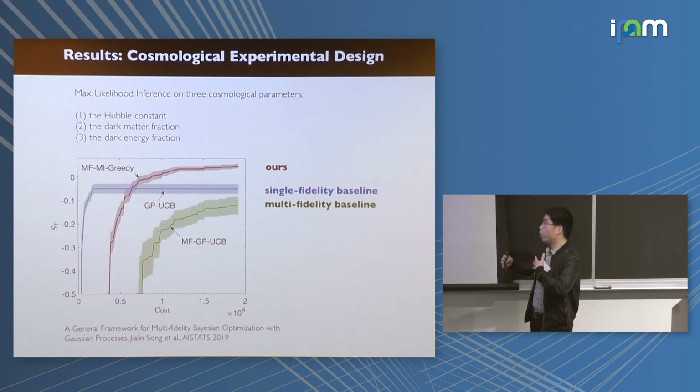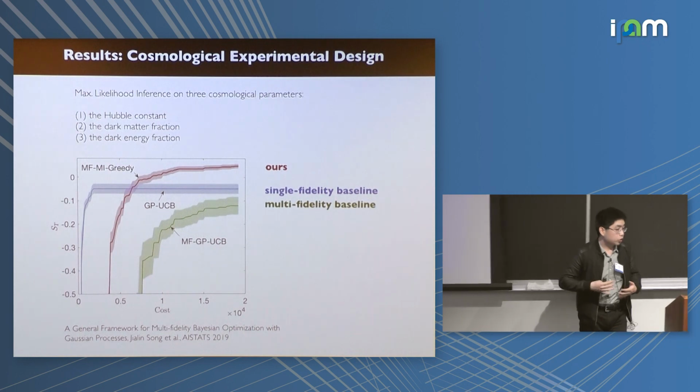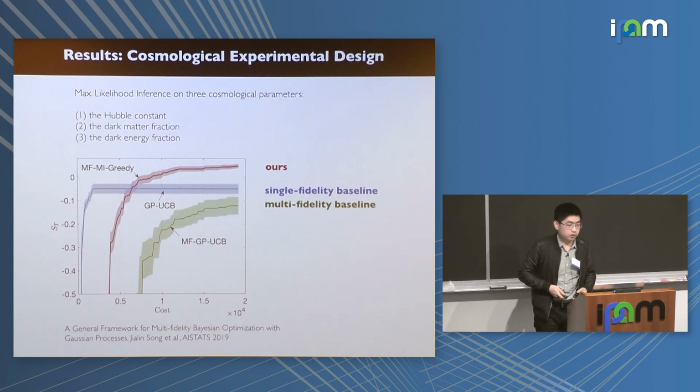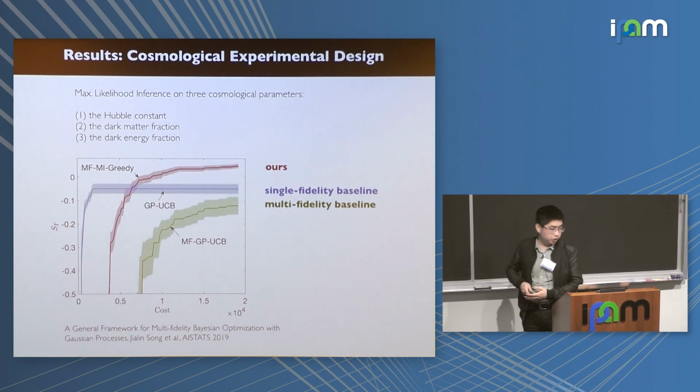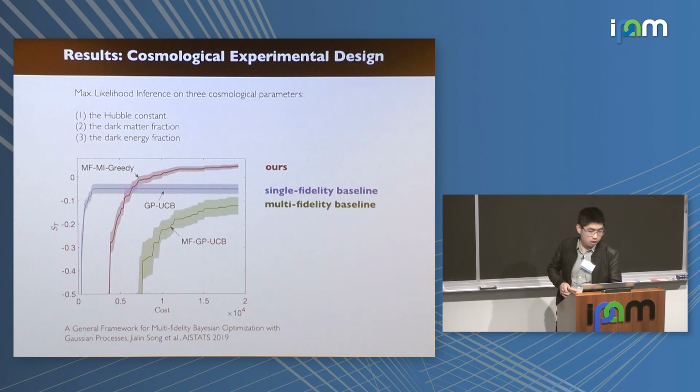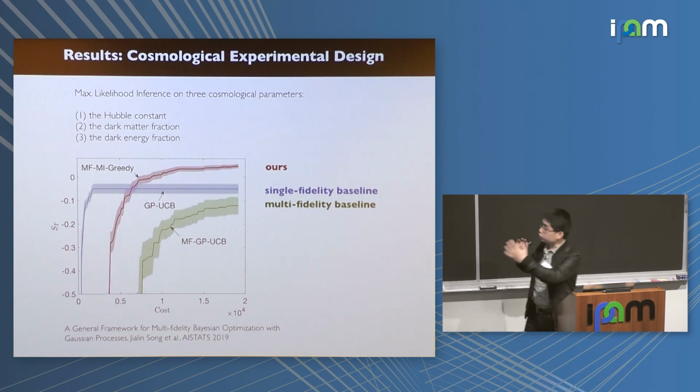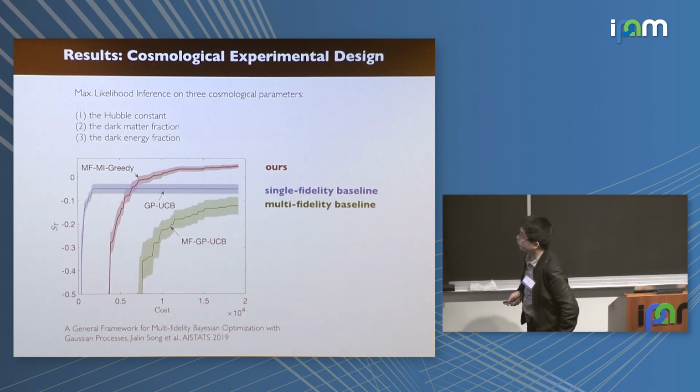We want that to be as close as possible, and we want to do that via the fewest number of experiments. So here, the essential problem is similar to the previous material science problem, but I just want to demonstrate the algorithm in a different domain.